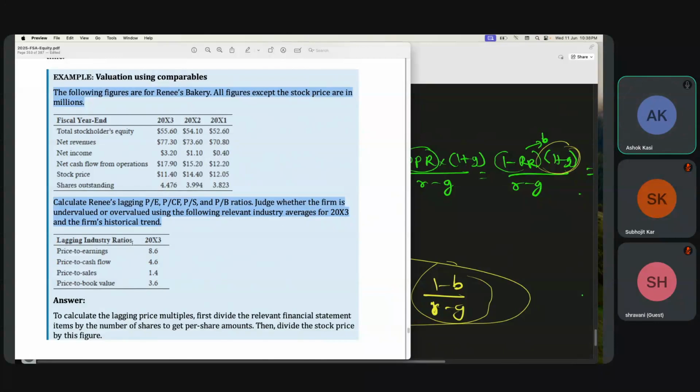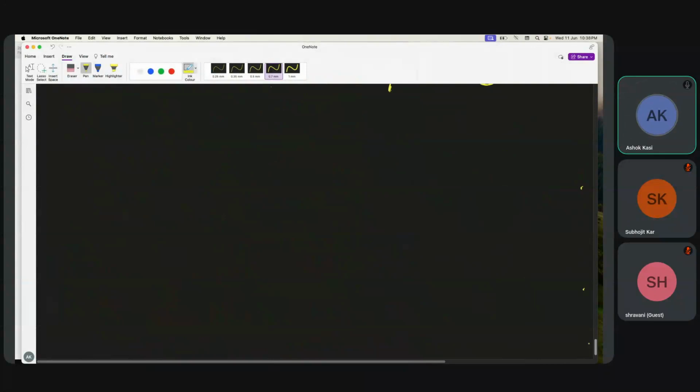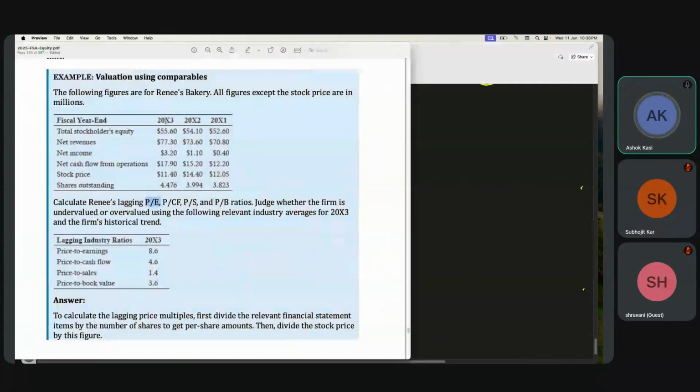So these are the lagging industry ratios: price to earning, price to cash flow, price to sales, price to book. First one is price to earning. I need to find out, then I will match it with the market. I'll do it for 2003. Later on, you can practice for 2001 and 2002.